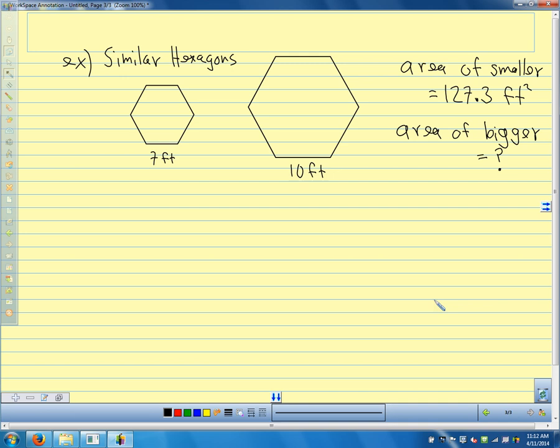So just like in the last problem, our key is the side ratio. Since the problem asks us for the area of the bigger one, let's put the bigger one on top so our fractions are easier to work with when we set these ratios. So let's write our side ratio. What is our side ratio, big to small? 10 to 7.